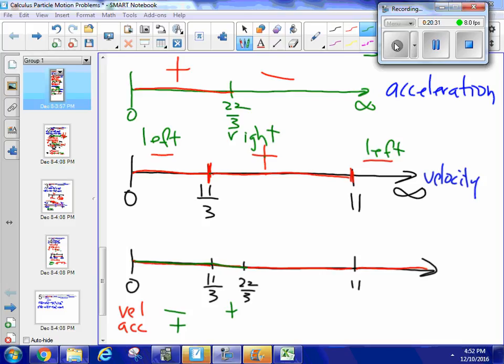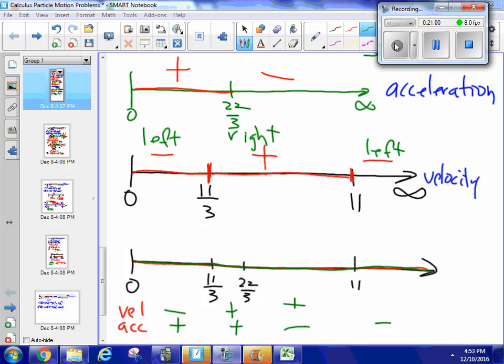Between 22/3 and 11, my acceleration has changed to negative. Make sure you put it in the right spot. And my velocity is positive. And then from 11 seconds onward, my velocity is negative, and my acceleration is also negative.